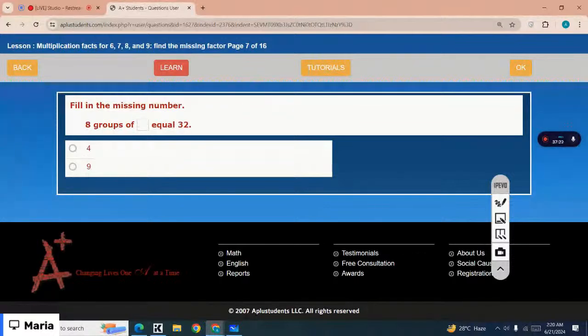Very good. That is 8 times 4 is 32. So that means 8 groups of 4 equals 32.